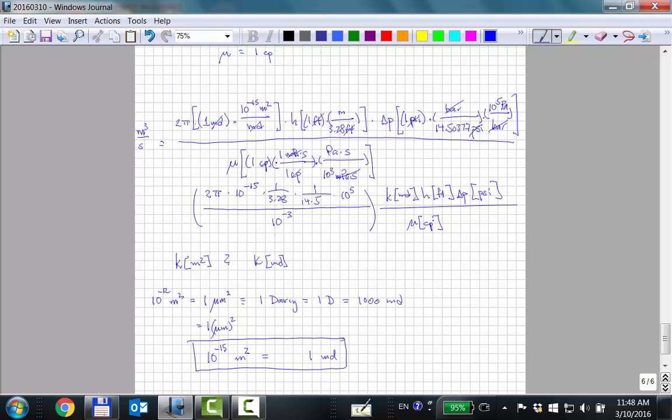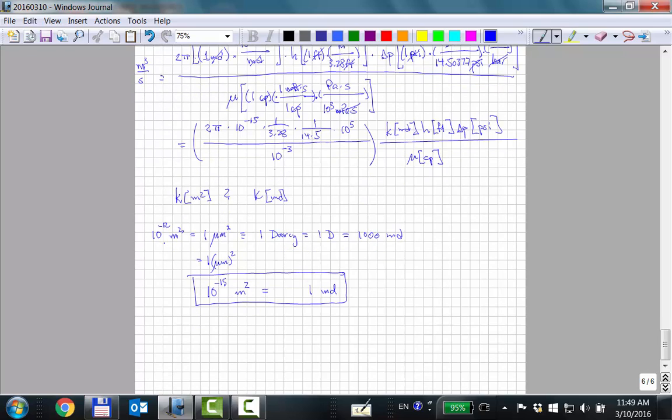Okay. But what it calculates is in cubic meters per second, which is not what I want, right? God, what a mess.